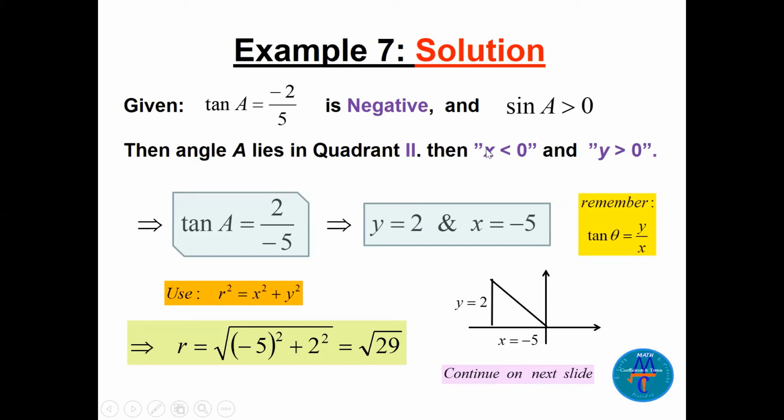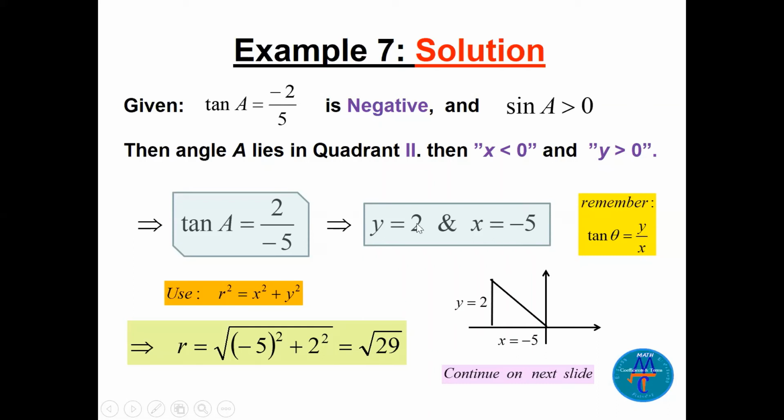In quadrant 2, x is negative and y is positive. Remember, x is related to cosine and y is related to sine. So for tan A, I have to put the minus with the x: 2 over minus 5. Why? Because in quadrant 2, x is negative, and the formula for tan theta is y over x.